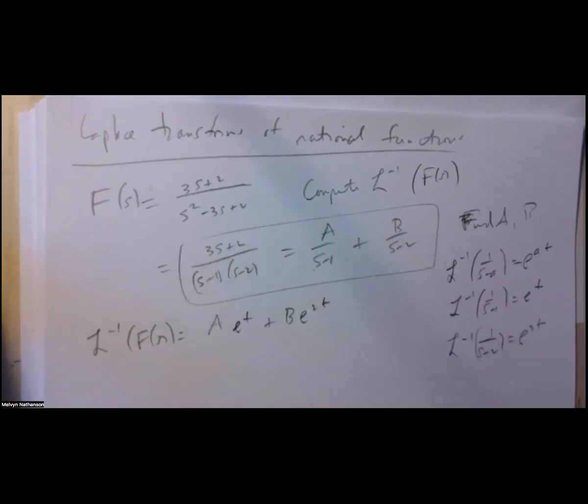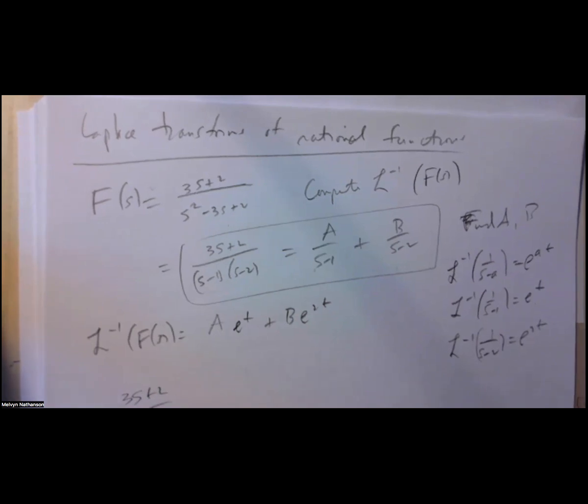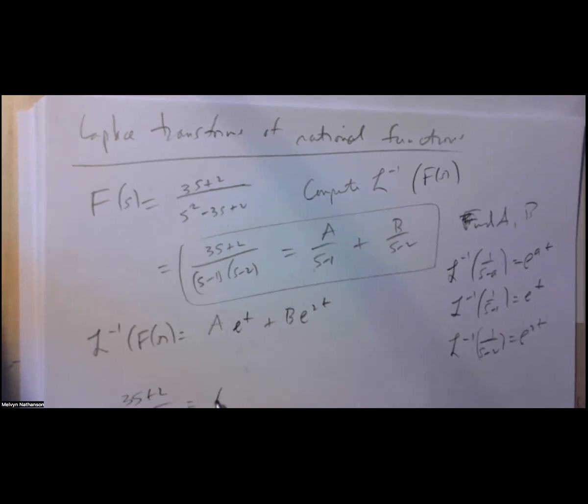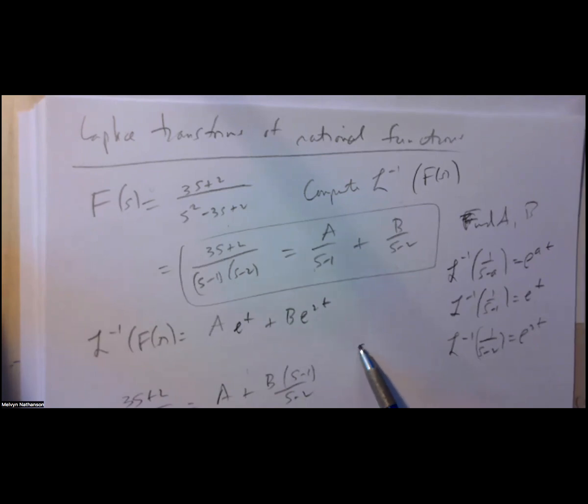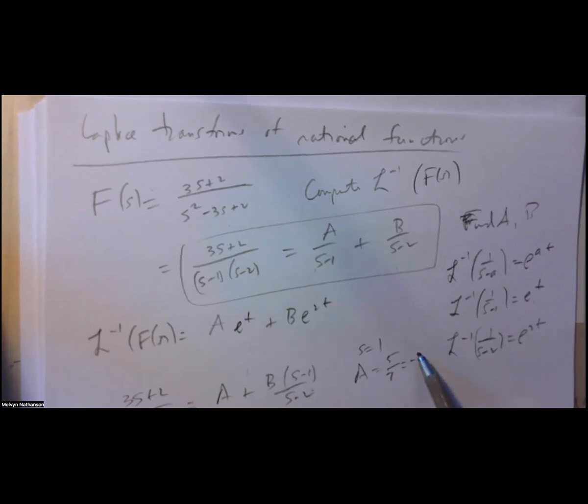There are lots of ways to do it. If you multiply through by s minus 1, you will get 3s plus 2 over s minus 2 is a plus b times s minus 1 over s minus 2. And if you let s equal 1 in this equation, this is 0, you get a equals 3s plus 2, 5 over minus 1, or minus 5.